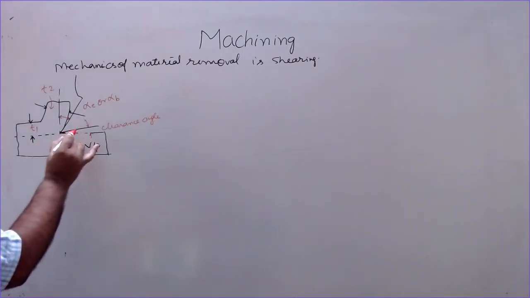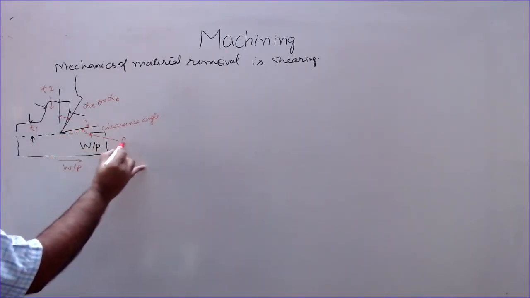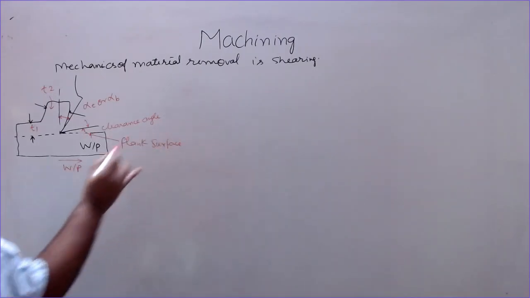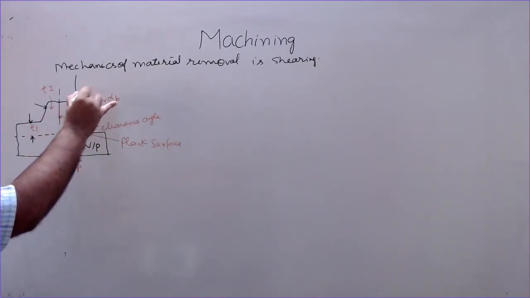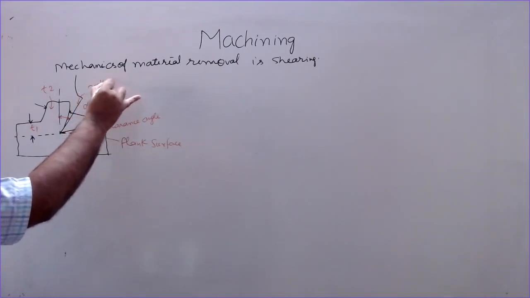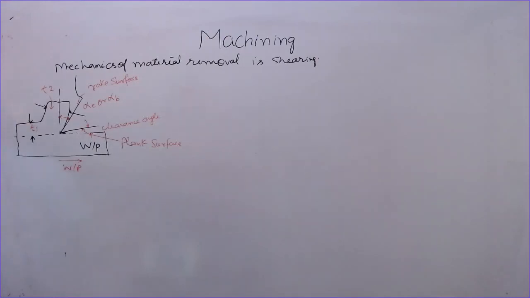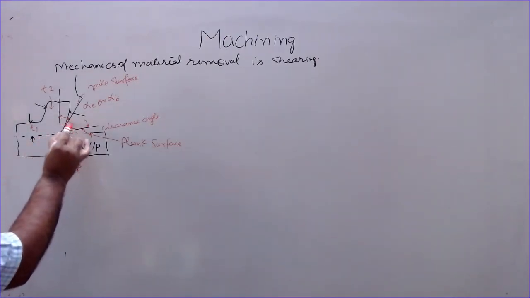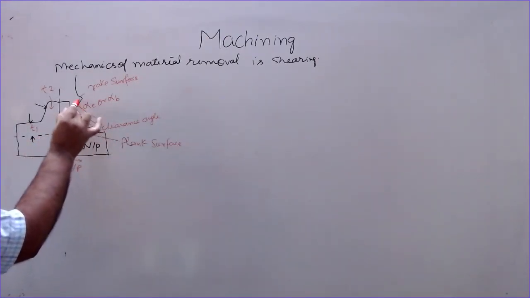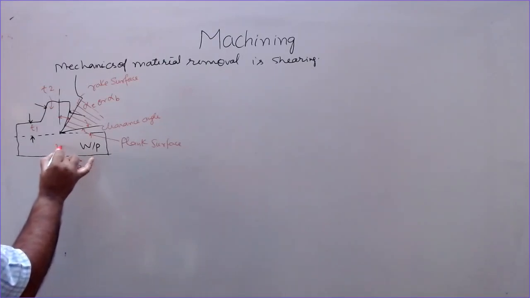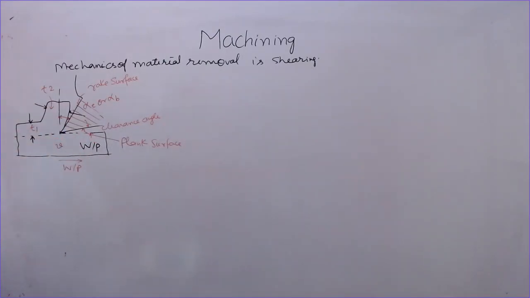So this is our flank surface. This is the rake surface. And this is our cutting tool. The workpiece velocity is v. This is also known as the velocity of cutting.